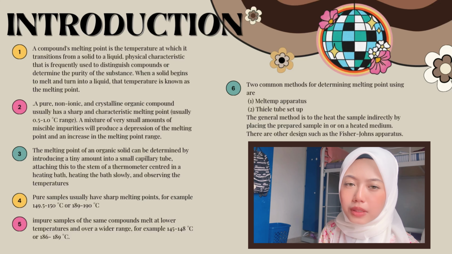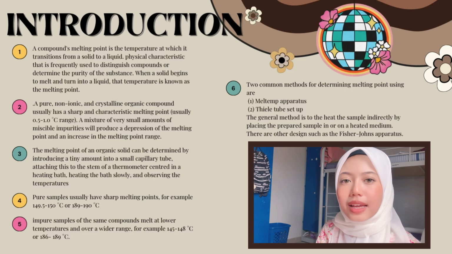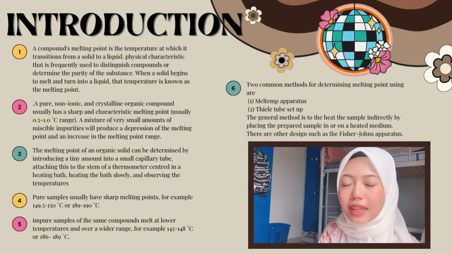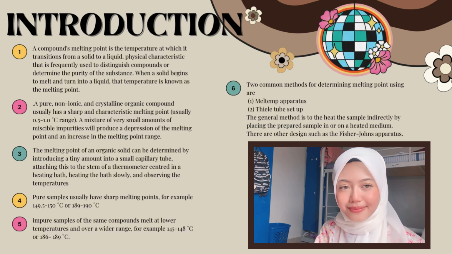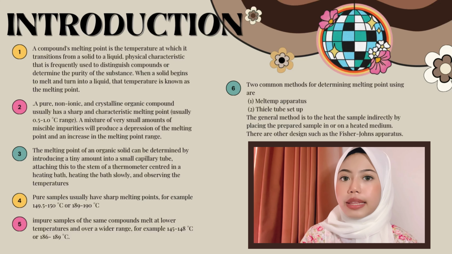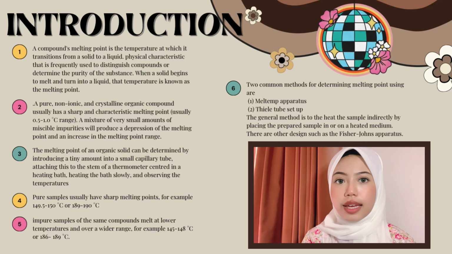Typically, pure samples have melting points between 149.5 and 150 Celsius, or 189 and 190 Celsius, while impure samples of the same compound melt at lower temperatures and over a wider range, such as between 145 and 148 Celsius and 186 and 189 Celsius. Two common methods for determining melting point are: first, the melting point apparatus, and the second one is a Thiele tube setup.